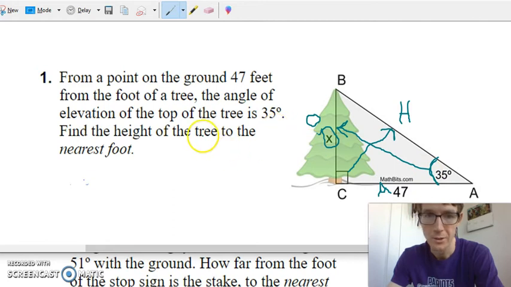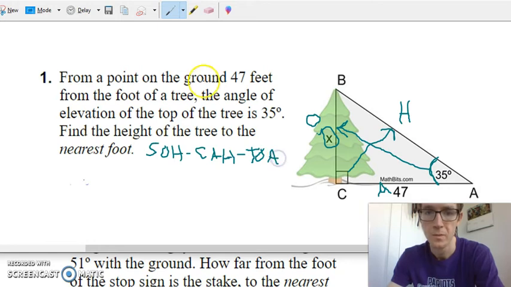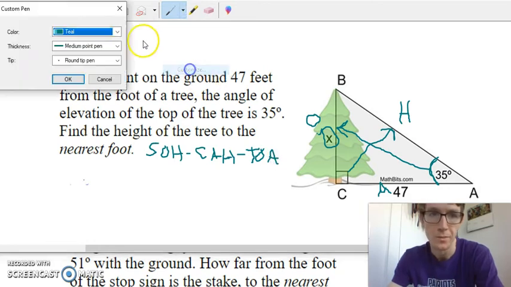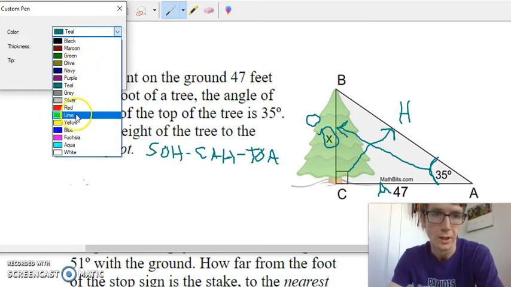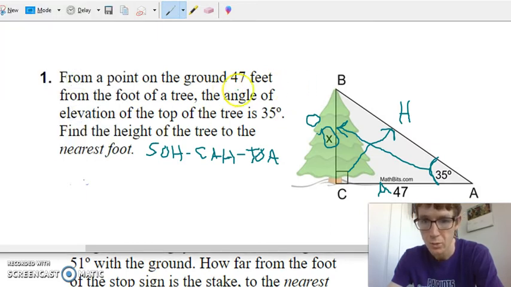Okay, so now what do we need to use? Remember, we want to think of SOHCAHTOA to determine what equation we're going to use. We know we're trying to find x, and we were given the adjacent.